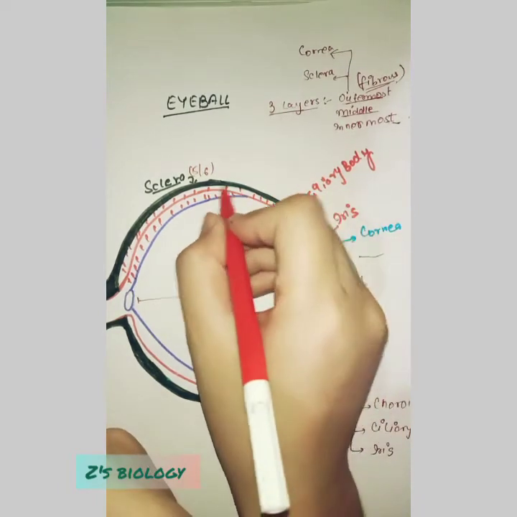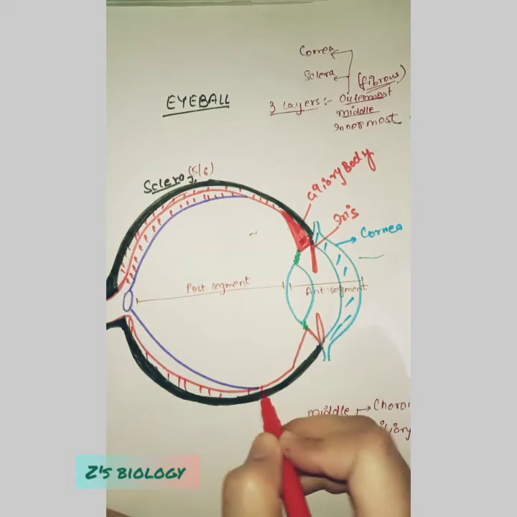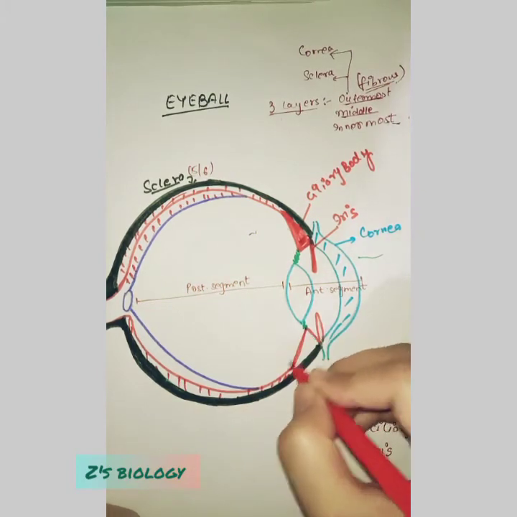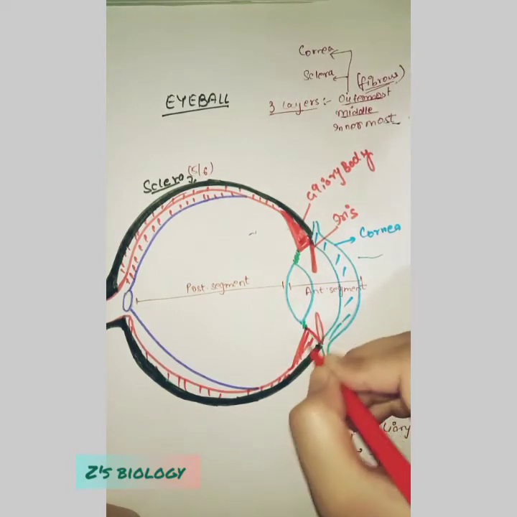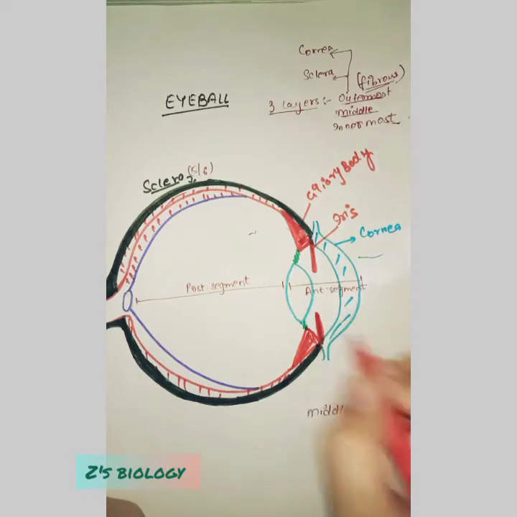And this is the choroid part of the eye, and same here, this is the choroid part of the eye, and the triangular section extends into the triangular part known as the ciliary body, and further it extends into the muscular diaphragm-like structure called the iris.